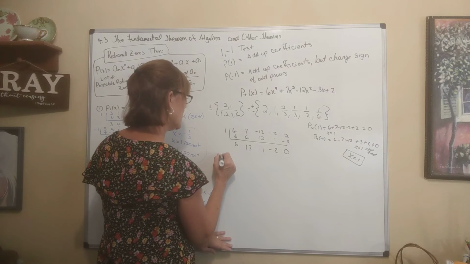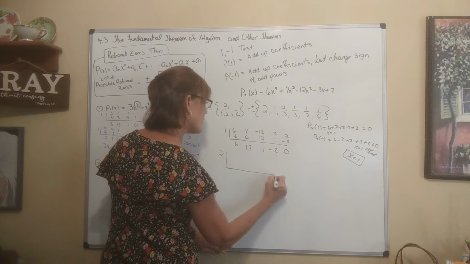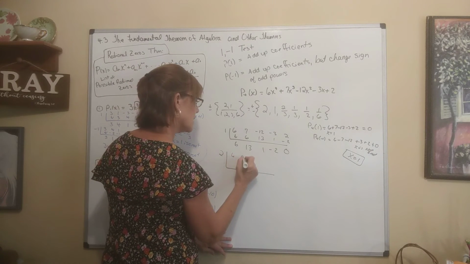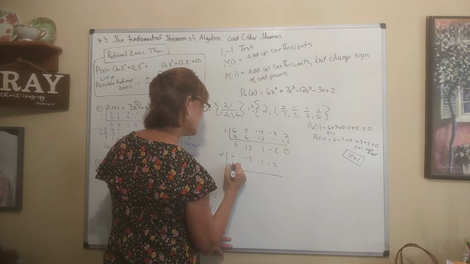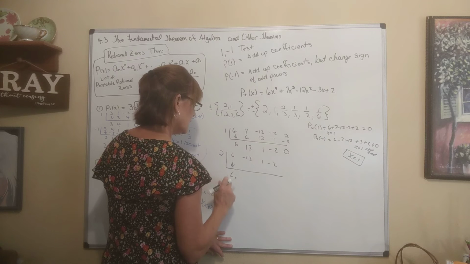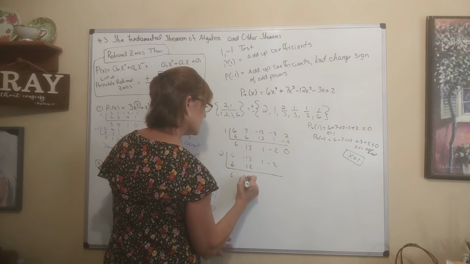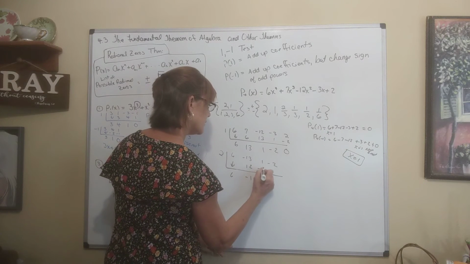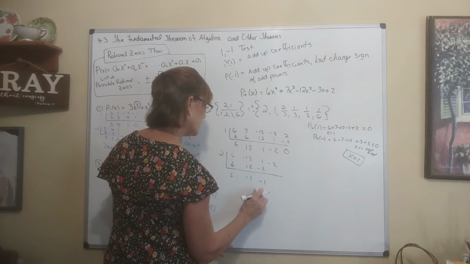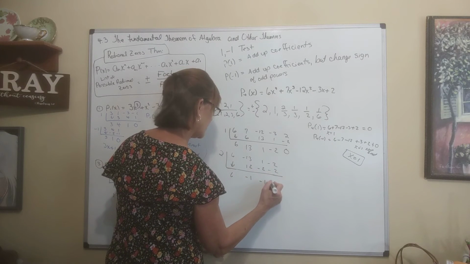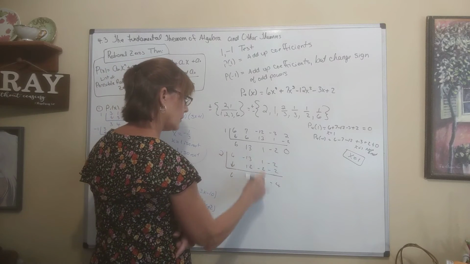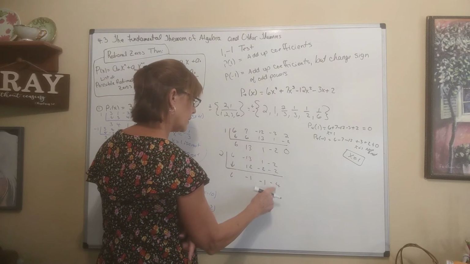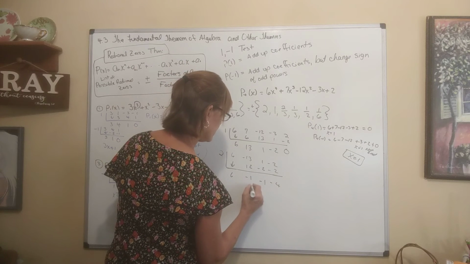Let's see what happens there. 2, but this time we'll go off of this lower list. 6, 13, 1, negative 2. Bring down the 6. This is 12. This is 25. This is 50. This is 51. Let's see, 6, 12, negative 1, negative 2, negative 4. Okay, 2, not a root.